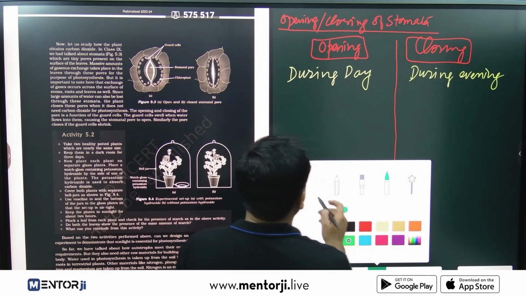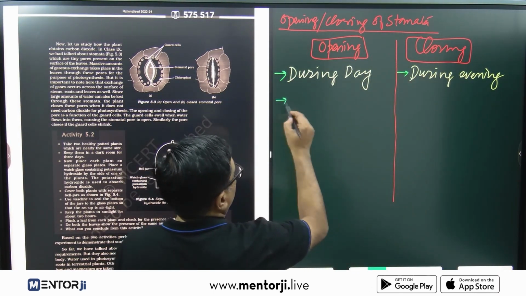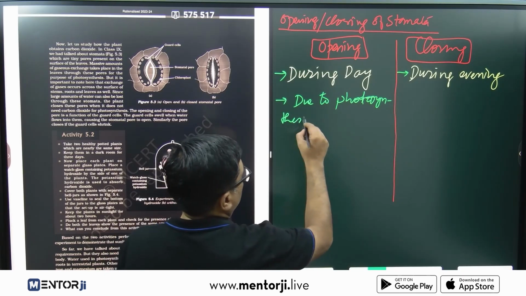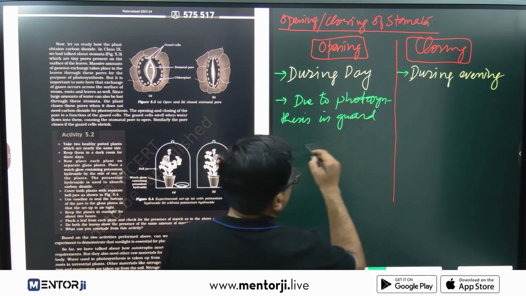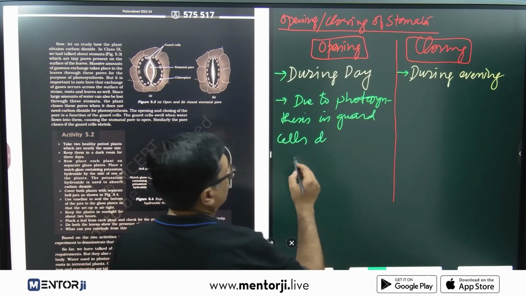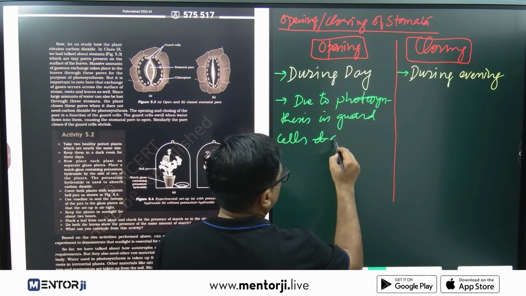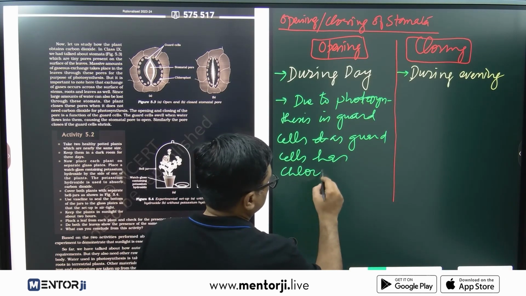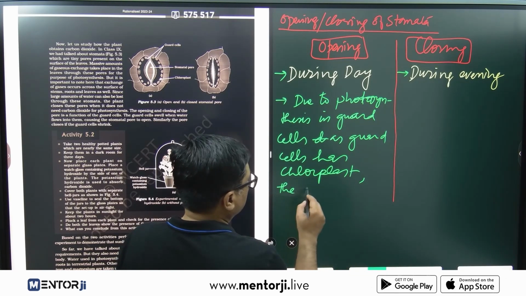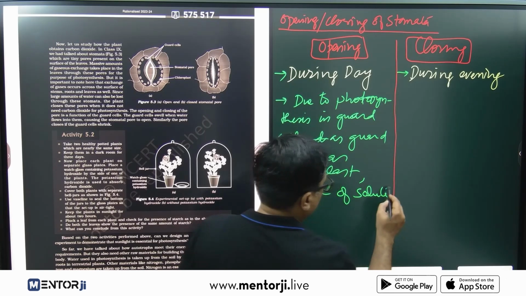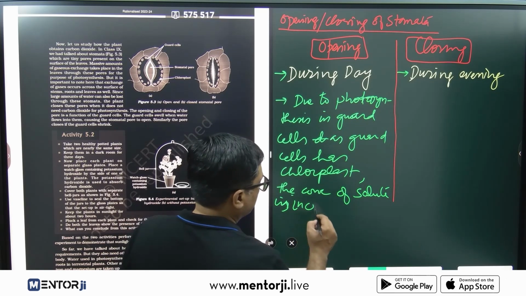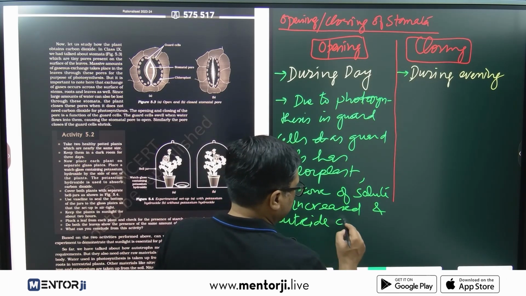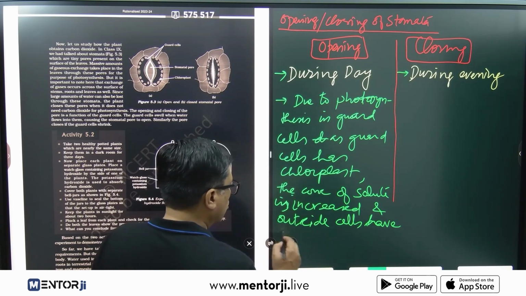So what happens during the day? Due to photosynthesis in guard cells, as guard cells have chloroplast, the concentration of solute is increased and the outside cells have more water.